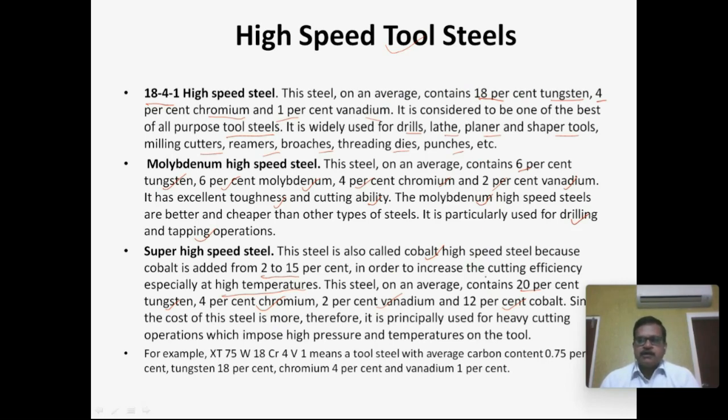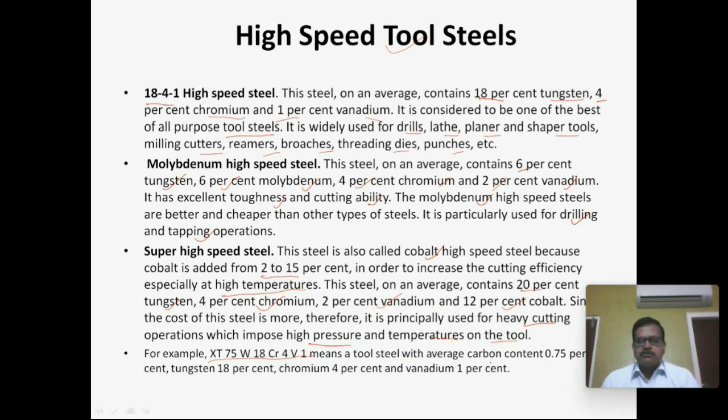When you add tungsten, the cost also goes up, and as the name suggests, it is super high speed steel. This is principally used for heavy cutting, which imposes high pressure, and temperatures are very high on the tool. The nomenclature here: XT75W18Cr4V1.